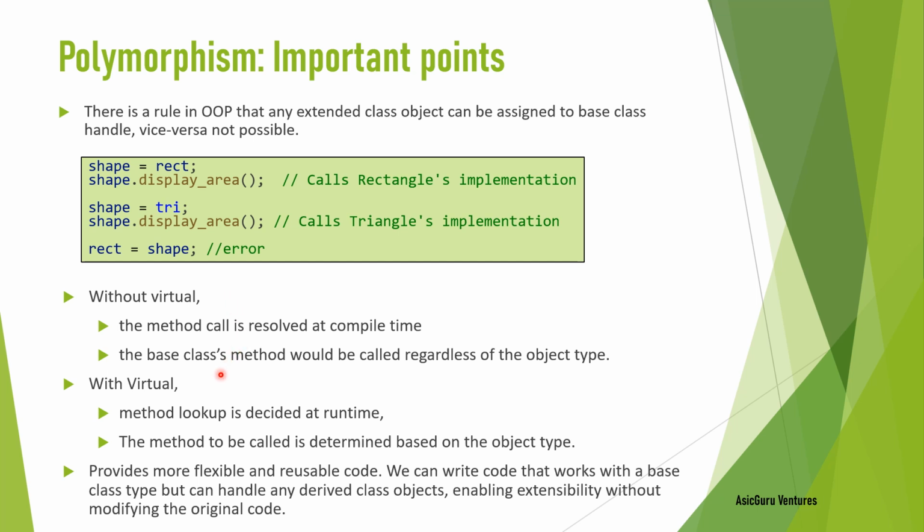But if we make the function virtual in our base class, then the method lookup is delayed until runtime. And the version of the method that is called is based on the actual object type that is assigned to the base class handle. And this is what enables polymorphism.